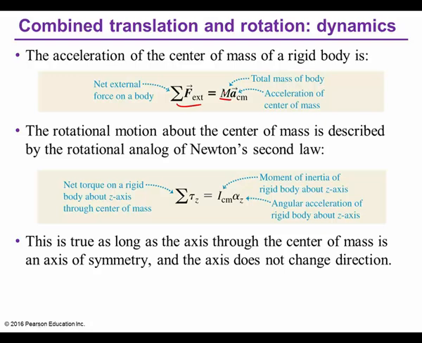Then when we want to look at the rotation about the center of mass, dealing with Newton's second law, then we look at the sum of all torques, which is equal to the moment of inertia about the center of mass times the angular acceleration. Now remember, your moment of inertia will be dependent on the actual material that is in rotation.